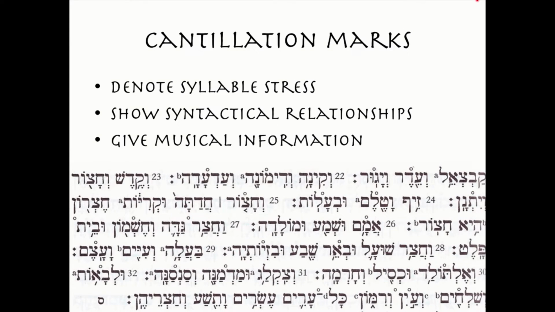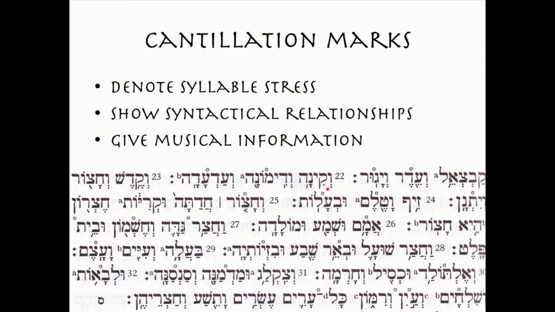So here's another close-up view of the text. If you look here, these are vowel sounds here, here, here. But this little slash, that's a cantillation mark. This one here is a cantillation mark. This is a cantillation mark. Here's another one here. Notice here, here, here, this is a cantillation mark. So these are additional marks that are not part of the vowels, and they show you where the stress is.